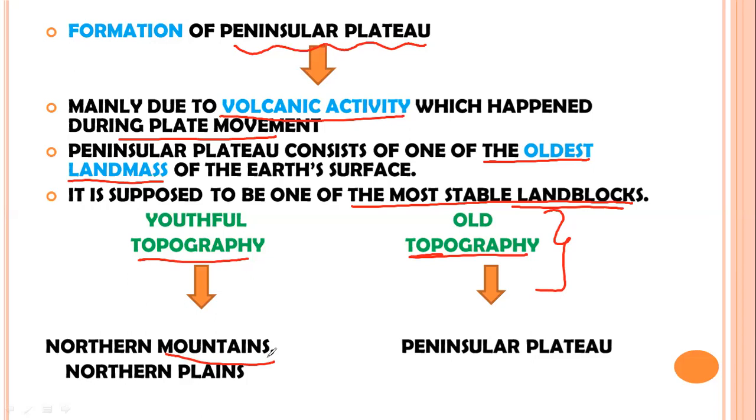And further, the rivers originating from mountains led to the formation of plains. So these are youthful topography and they are still in the process of formation. Therefore, Peninsular Plateau is considered as old topography, old landmass, and northern mountains and northern plains are considered as youthful topography or young topography.